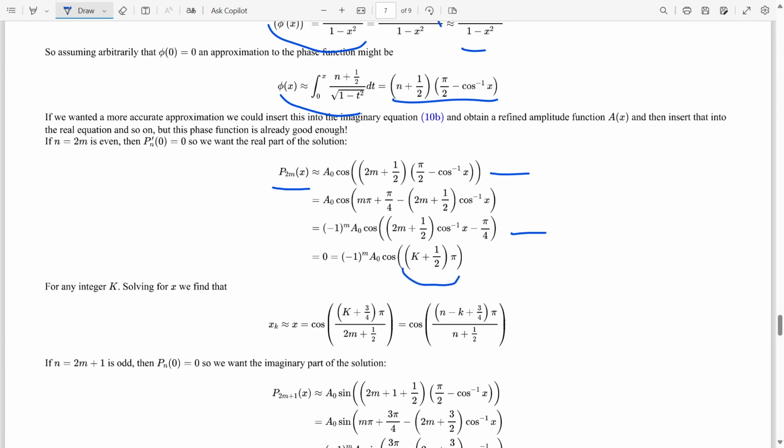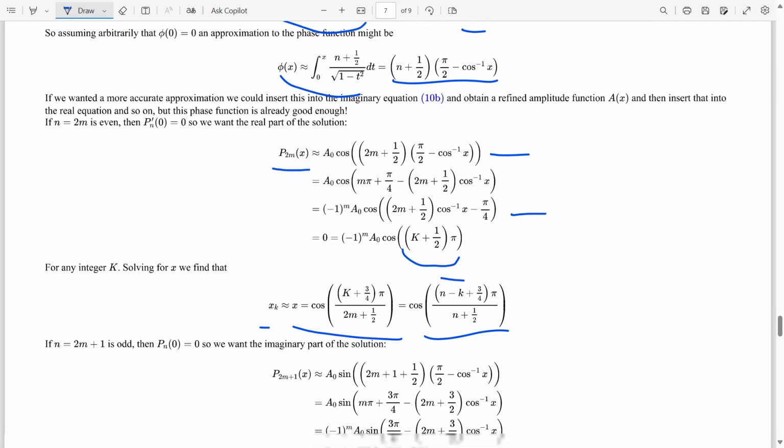Solving that now for x, we get, if big K is n minus little k, this expression for xk. Using big K as n minus little k means that as little k increases, the xk's increase too.